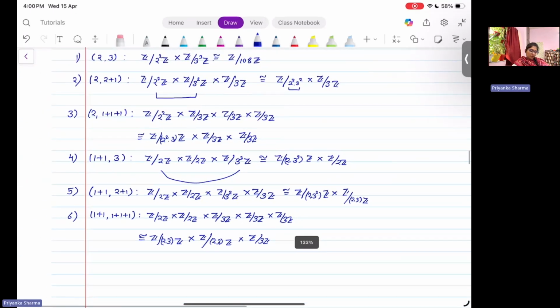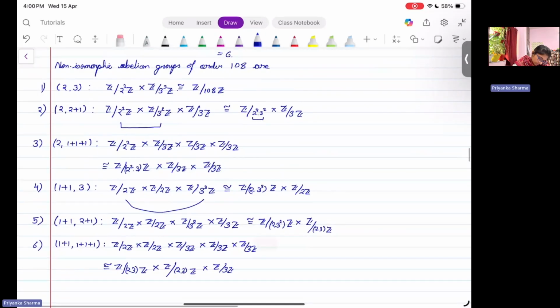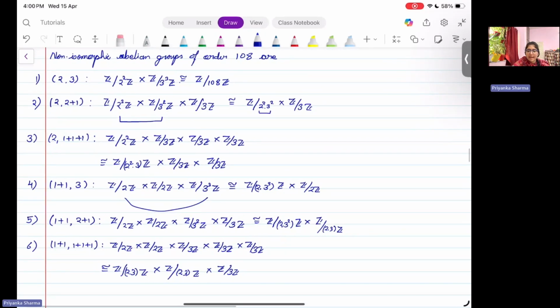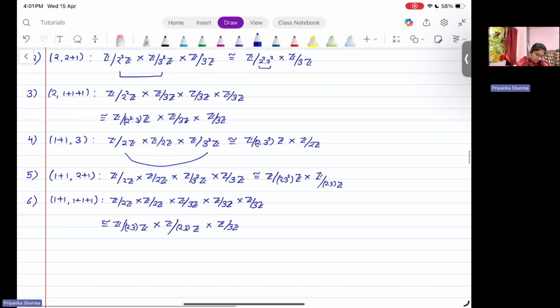So here in all the groups, we can see that the factor which is appearing later in this prime factorization form, its order is a divisor of the order of its previous factors in this form. Okay. So these are the 6 abelian groups of order 108 up to isomorphisms.